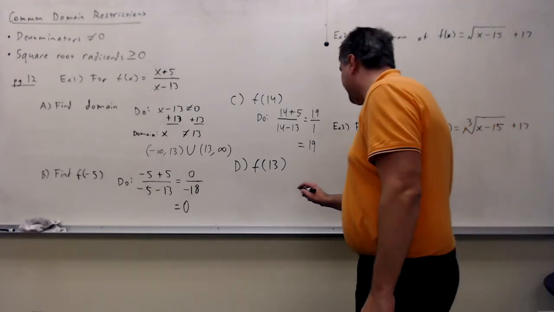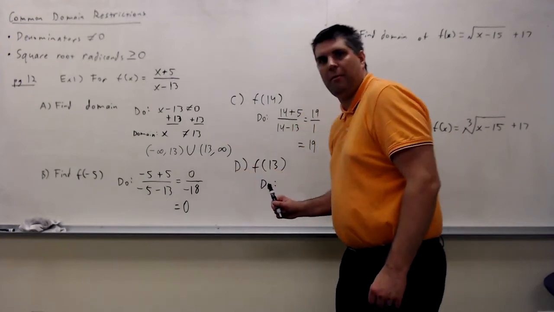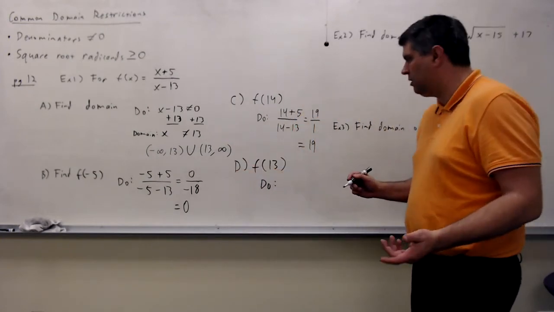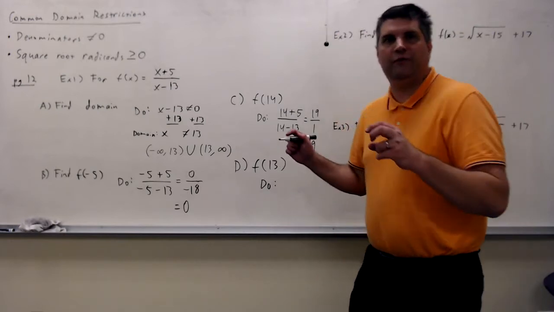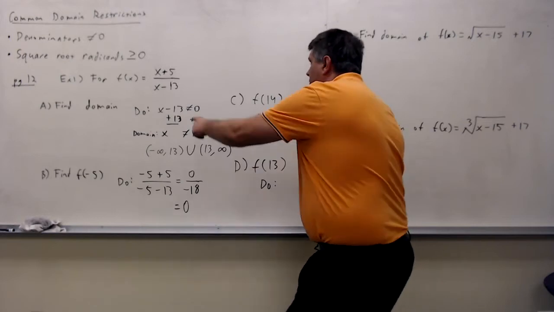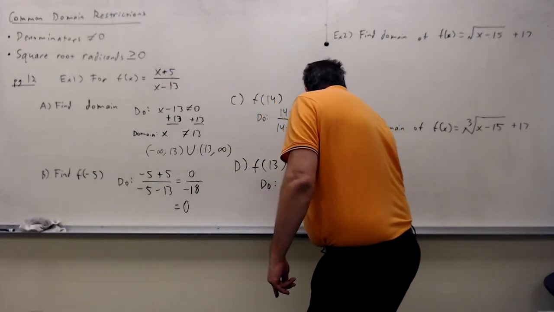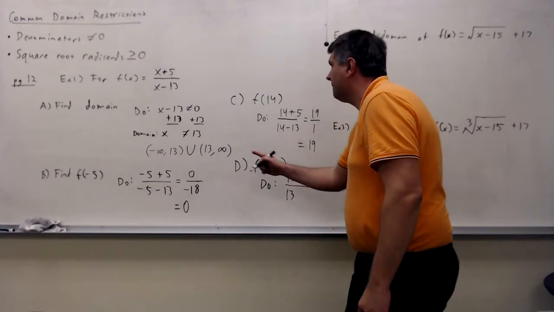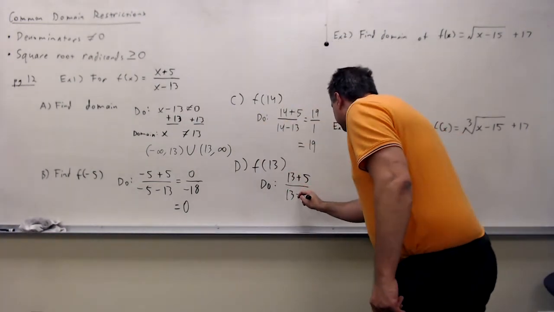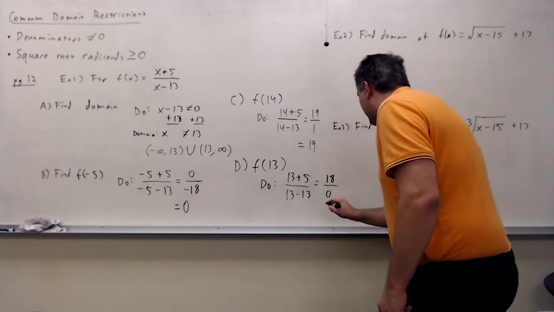But f of 13. Now remember, folks, 13 is excluded from the domain. So I'm going to show you what excluded from the domain means in this context. So that would be 13 plus 5 over 13 minus 13. And that'd be 18 over 0, which does not exist.